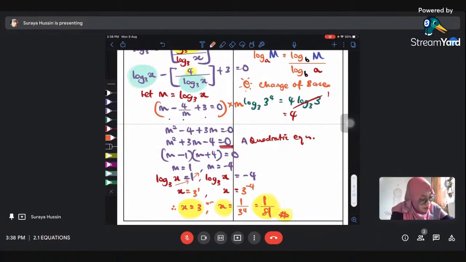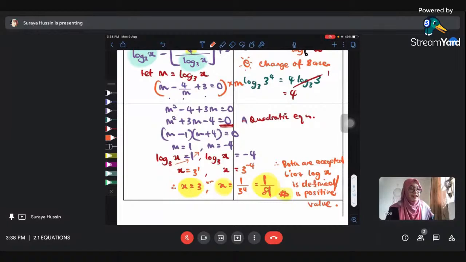Dalam log, both are accepted since the log X is defined, ataupun is positive value. Itulah reasonnya yang kamu yakin that you are doing the correct thing.